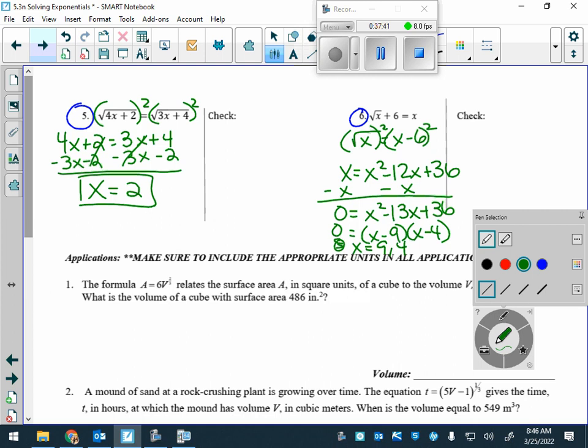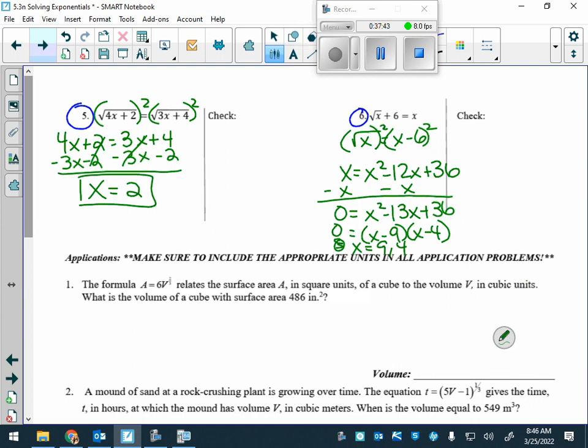So we have to check these to see if they work. Let's look at x equals 9. What's the square root of 9? 3. 3 plus 6. Does 9 equal 9? Yes. So 9 works.